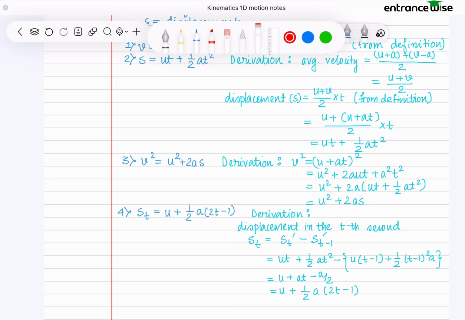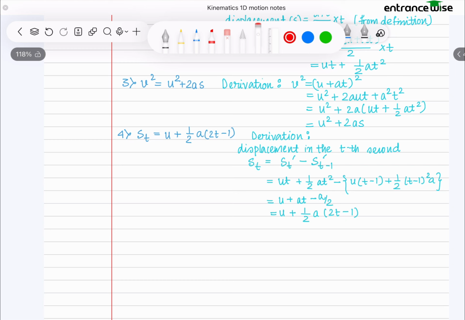Then by taking common, we know that ut plus half at square is equal to s. So we will get v square equal to u square plus 2as.